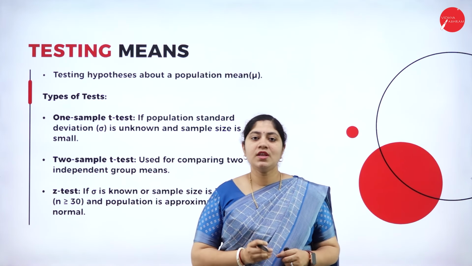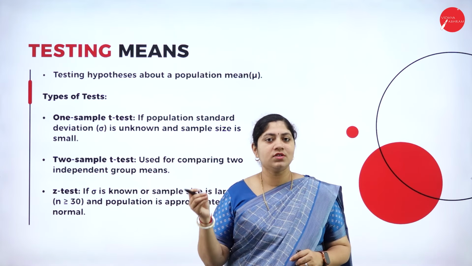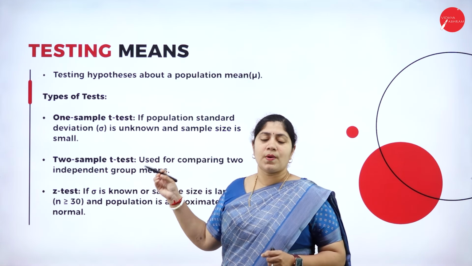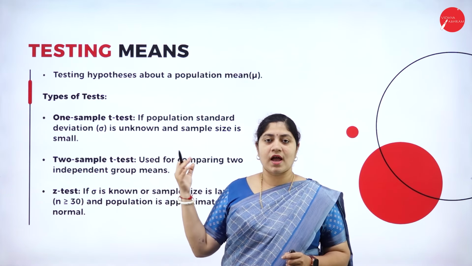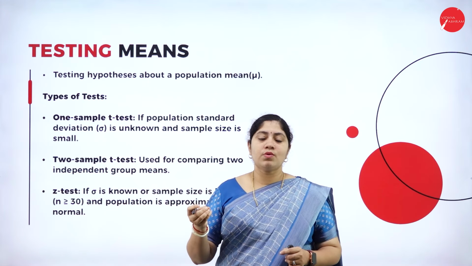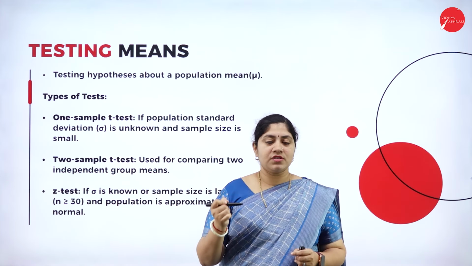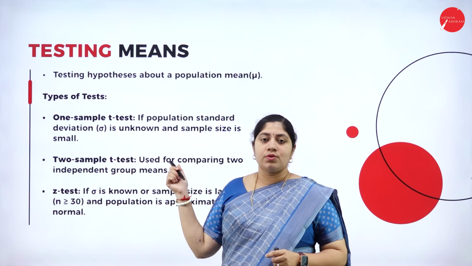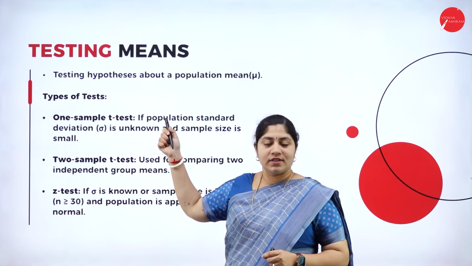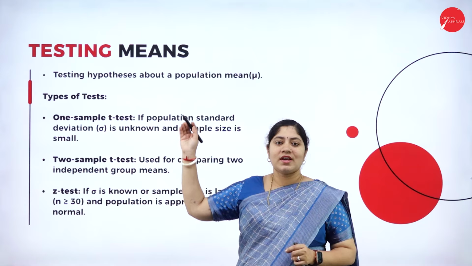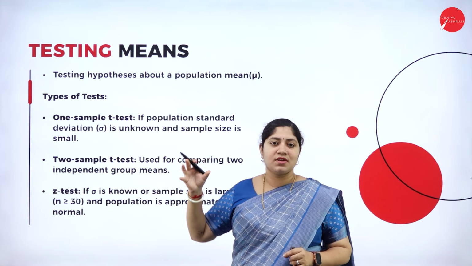Testing mean is a very important criterion, because we start our sampling by calculating the mean of the samples. Whenever we prefer hypothesis testing, the first step is to calculate the mean. So hypothesis testing can be done by initially considering the samples and calculating the means.